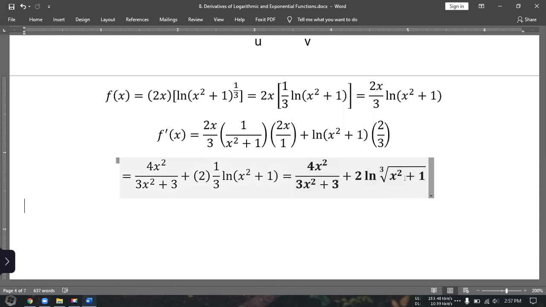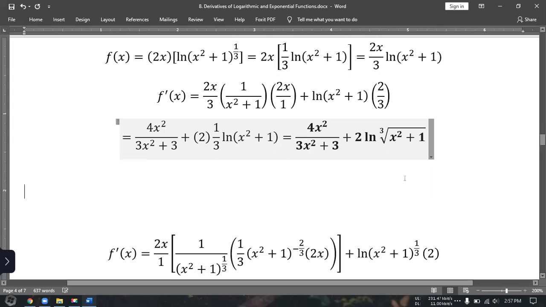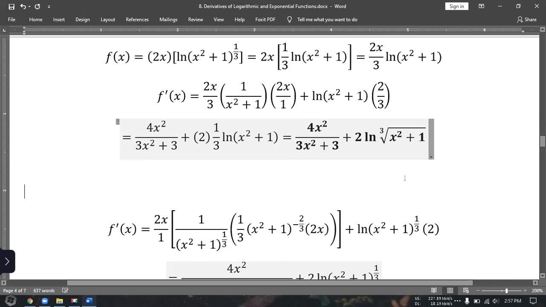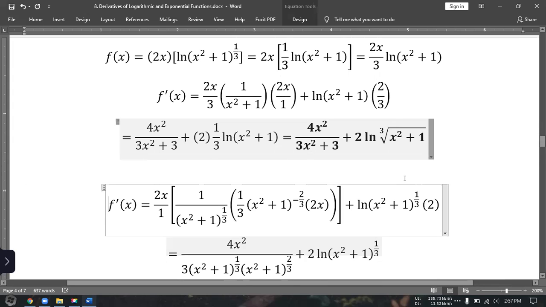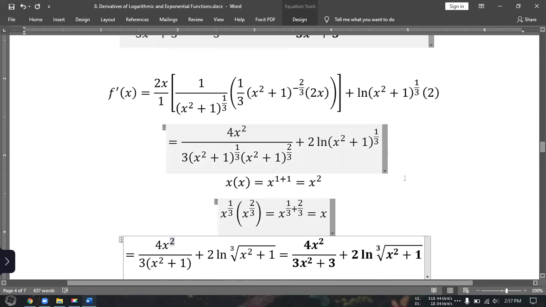Whichever process, whichever method you are comfortable using, okay lang, for as long as we arrive at the same final answer. Let's check: 4x squared plus 3x squared plus 3, plus 2 natural logarithm of cube root of x squared plus 1.